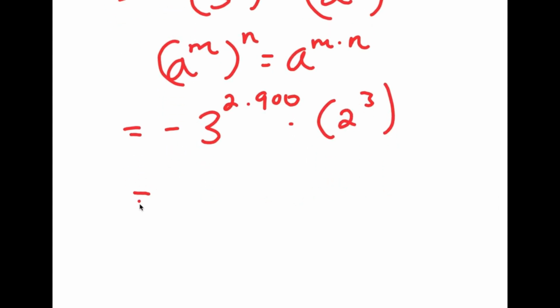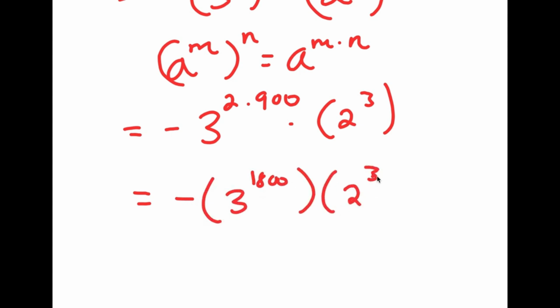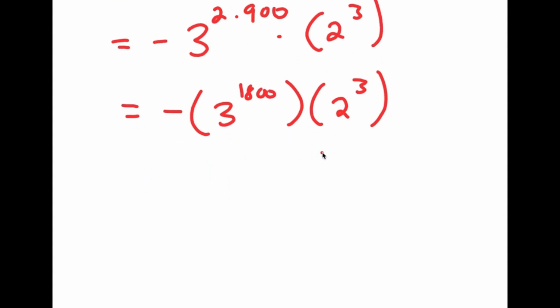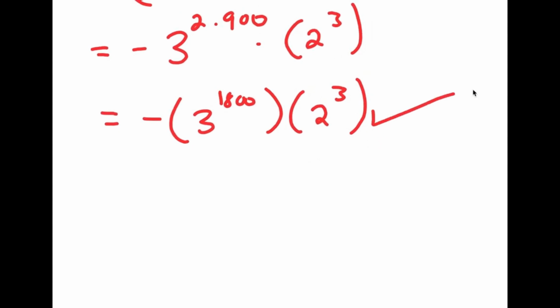And if you didn't already know, 2 times 900 is 1800, so I have negative 3 to the power of 1800 times 2 to the power of 3. So this is our answer in its most simplified form.